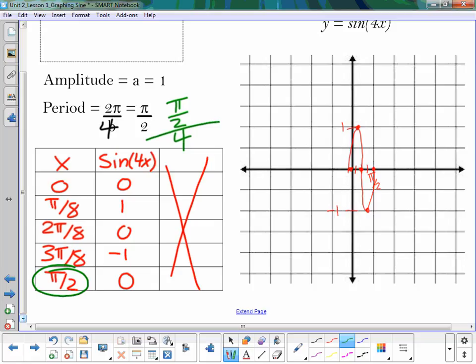So each interval is going to be pi over 2 divided by 4. The real quick and easy way to handle pi over 2 divided by 4 is to just slide this 2 down here and multiply it by 4. So each of the intervals is pi over 8.